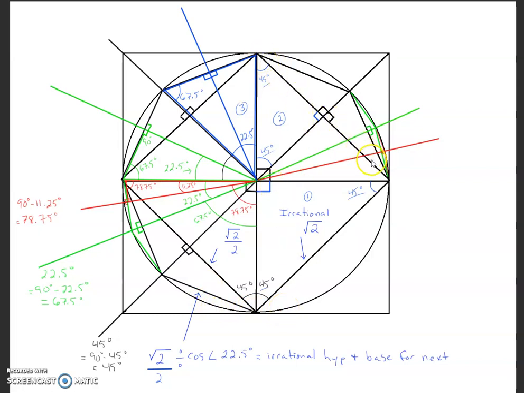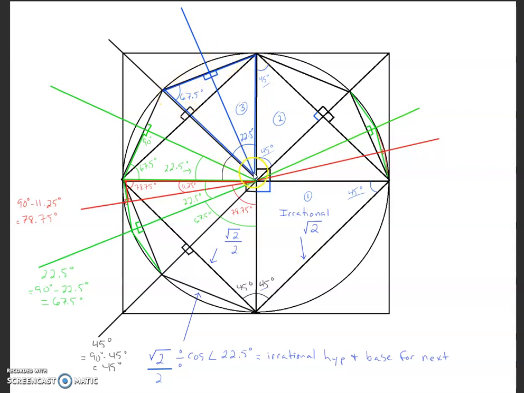So we take this segment, divide it into 2. We have a right angle. And then if we take this and we join the points, at this point now, we have this triangle right here, which is represented in the blue.